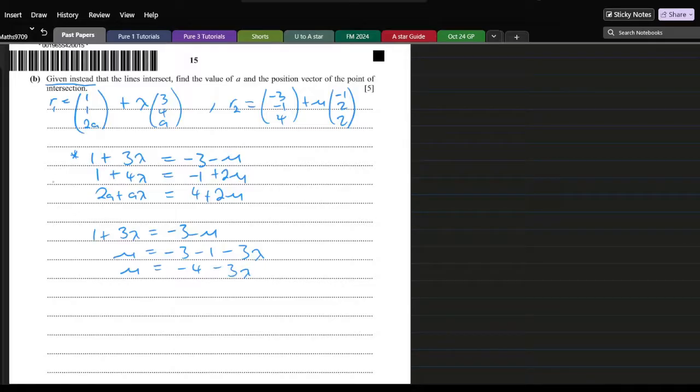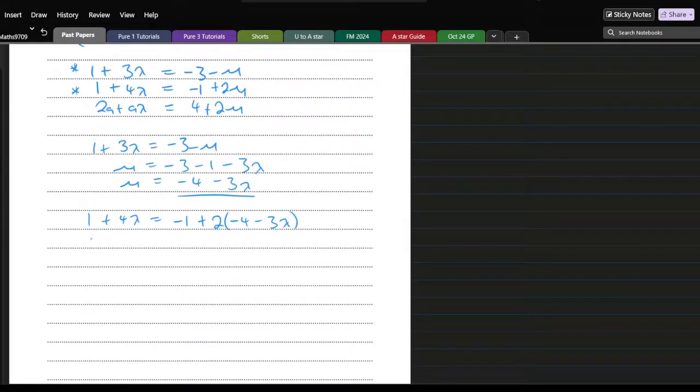And we can substitute this into the second equation, which is 1 plus 4 lambda is equal to -1 plus 2 mu, and we said our mu is -4 -3 lambda. Alright, so that's 1 plus 4 lambda is equal to -1, that's 2 times -4, so -8, 2 times -3 lambda, that's -6 lambda. 1 plus 4 lambda is equal to -9 -6 lambda.